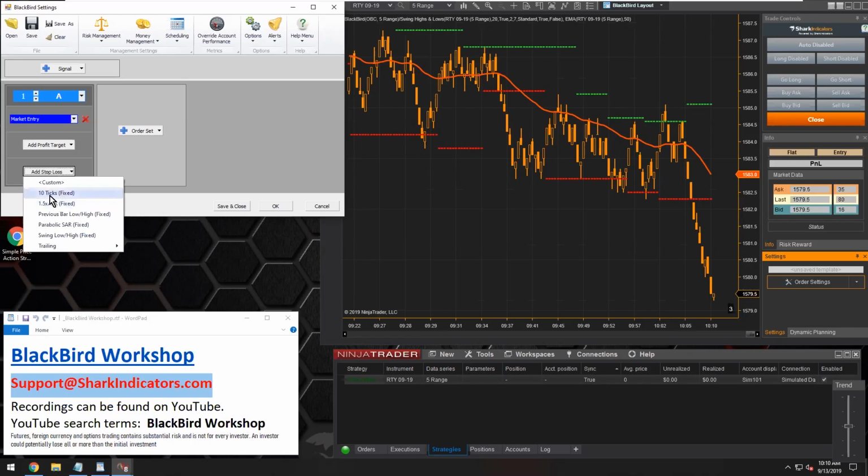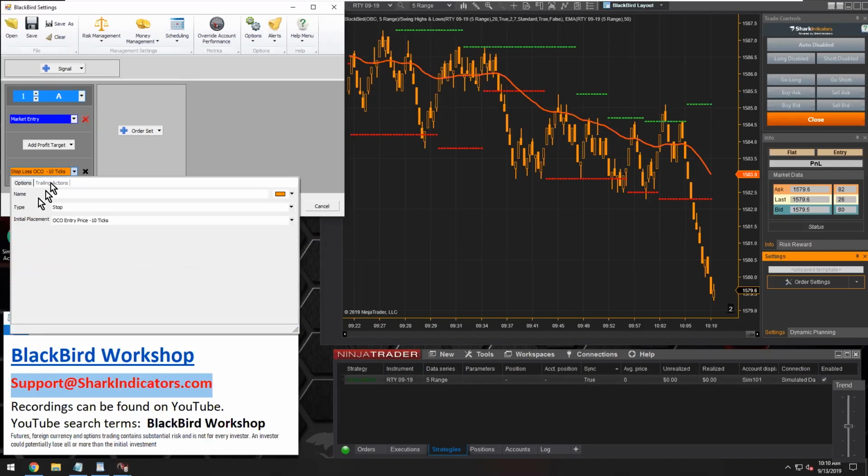So let's just make a 10 tick. Let's make this a little more sophisticated here. Let's do a 10 tick trailing with the break even. All right, so let's open this up and we'll go into the trailing actions tab.